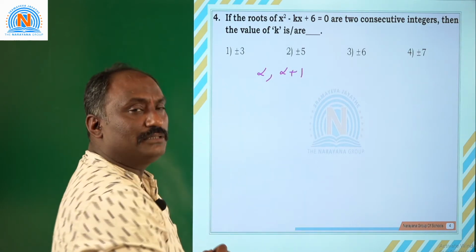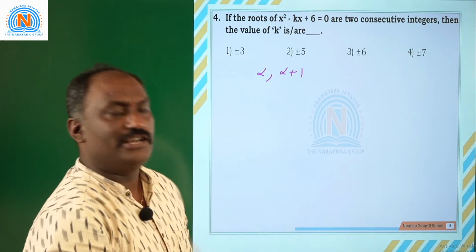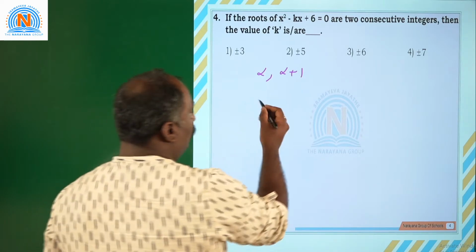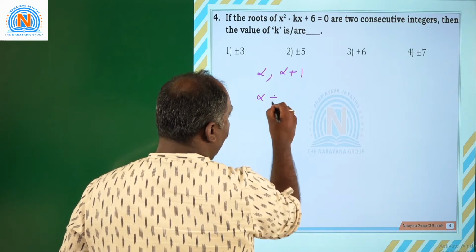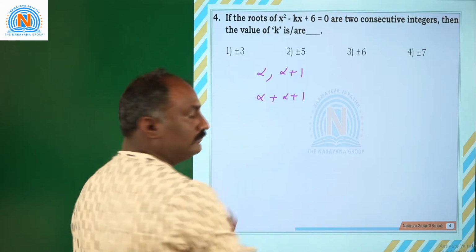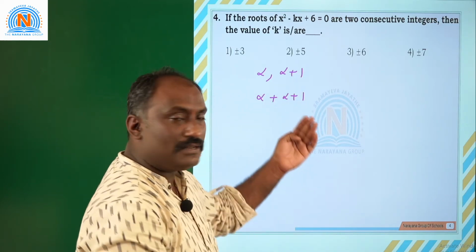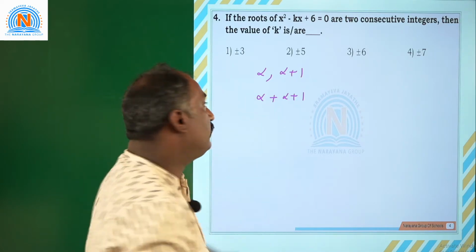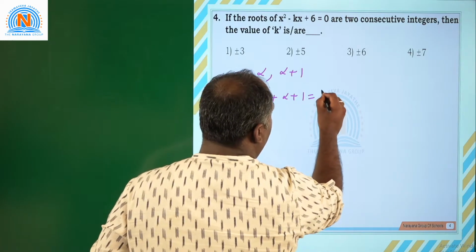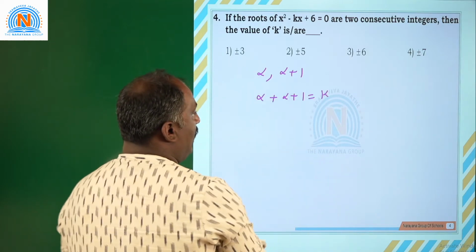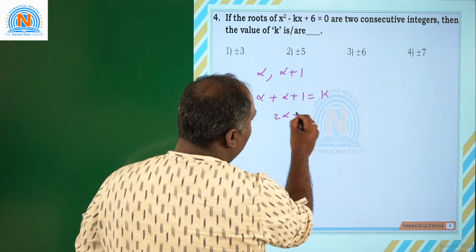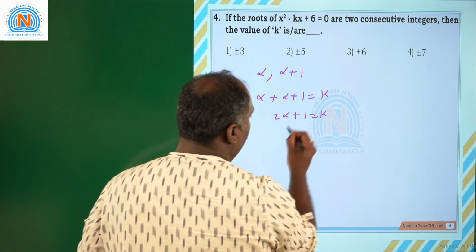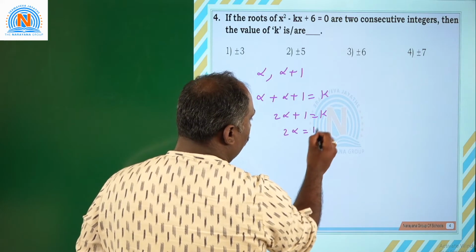So first of all, the sum of roots, alpha plus beta, with alpha plus 1 instead of beta, is minus b by a, that is minus of minus k, which is k. Now 2 alpha plus 1 is equal to k.